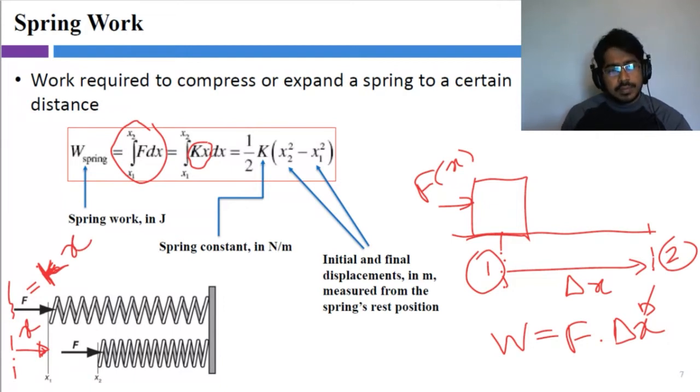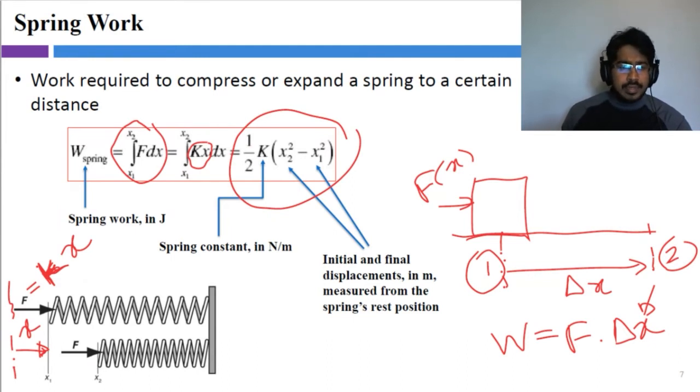K is the spring constant, right? So now when we integrate this one, we come up to this expression, right? If you do not understand the integral or how we did the integration, don't worry about that at this point, because our focus is not to learn integration here, but to learn how much work is needed to compress or expand a spring, right?